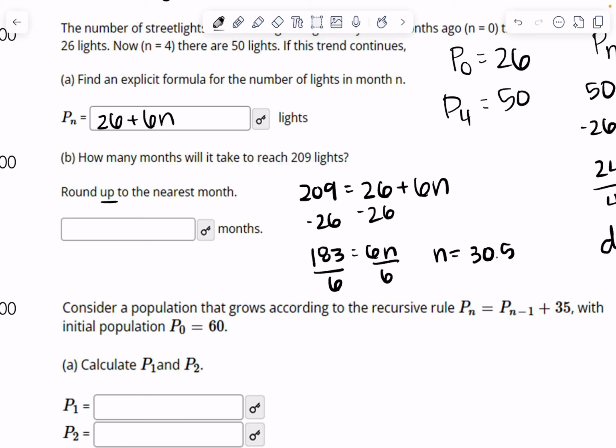It says round up to the nearest month. So we would put 31.